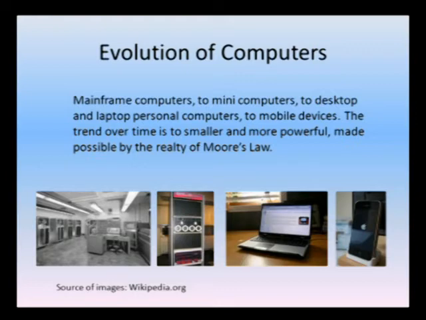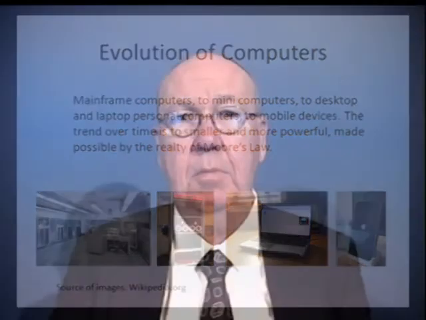And all of this trend towards smallness and increased power and reduced cost is made possible by something called Moore's Law, which is the fact that approximately every 18 months, scientists discover ways to pack more of everything into hardware.